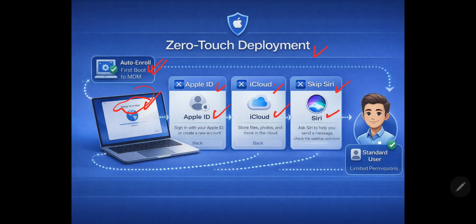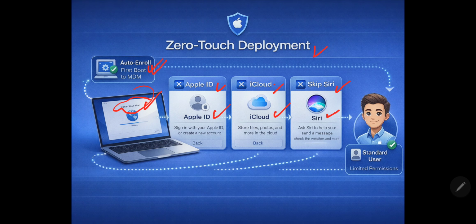Okay, after you have successfully registered with ABM, the next step is to register an MDM solution, and one you can choose is Mozilla. We have learned Mozilla before and you can open that video.